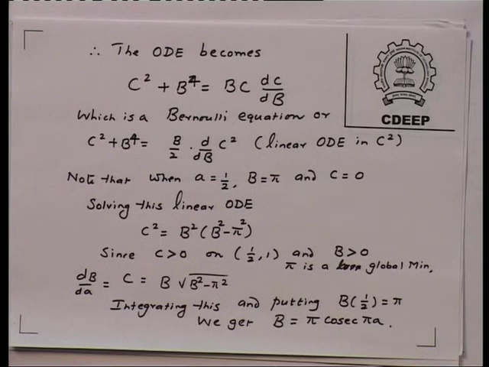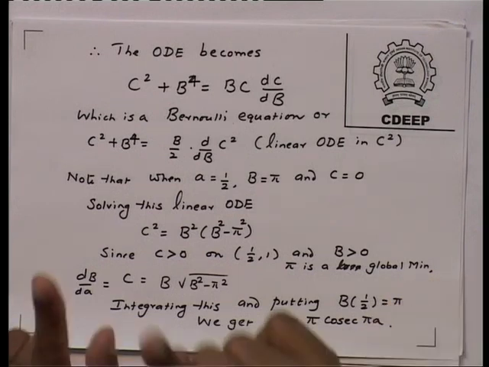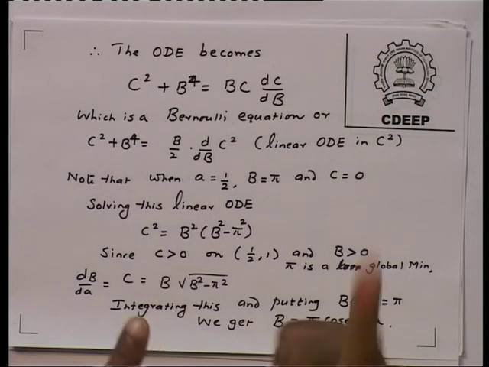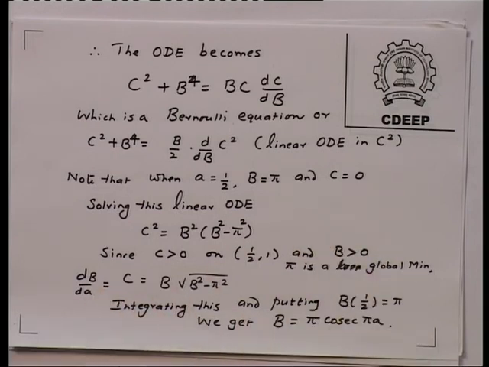Well, you get c squared equal to b squared into b squared minus pi squared, putting the initial conditions, right. Now, c is positive on the range half to 1. So, you are supposed to take the positive square root, right. Pi is a global minimum. So, b is going to be greater than pi except at half, when it is going to become equal to pi. So, you have to settle the sign of the square root, that is why all this stuff.